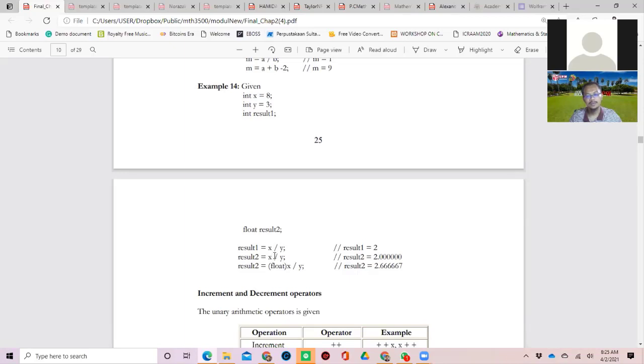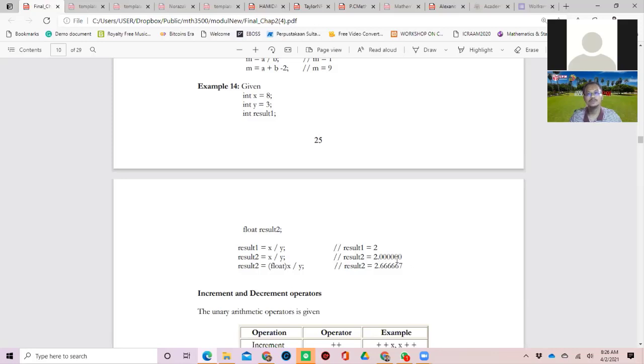So 8 divided by 3 is 2 point something, but since x and y are integers, the result is the integer 2. But result 2 is declared as a float, a floating point number, so the result will be 2.000, not 2 point something.